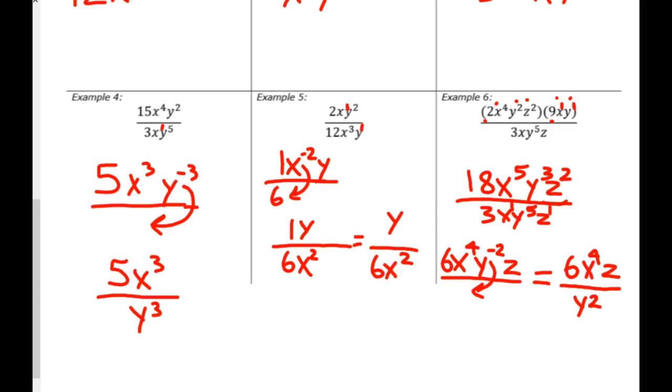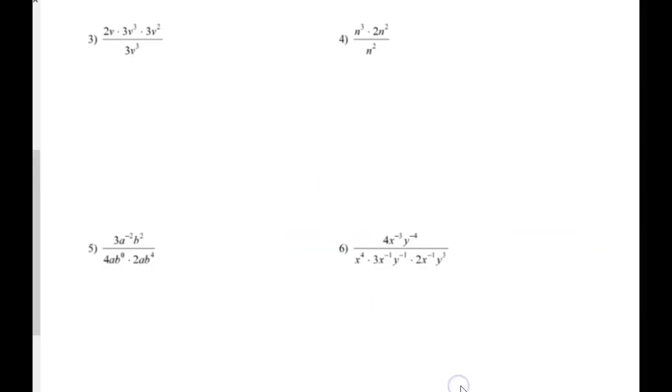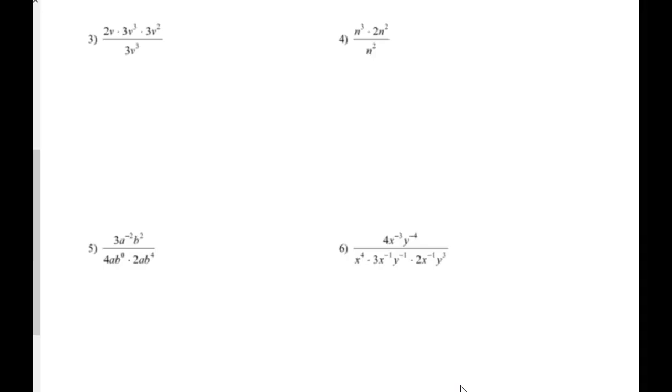Cool. Let's go through the back problems real quick. Okay.